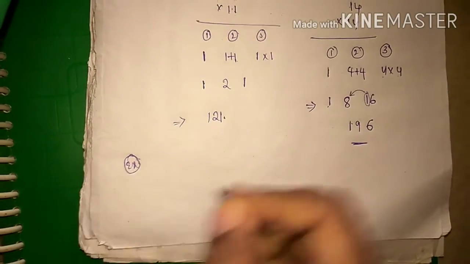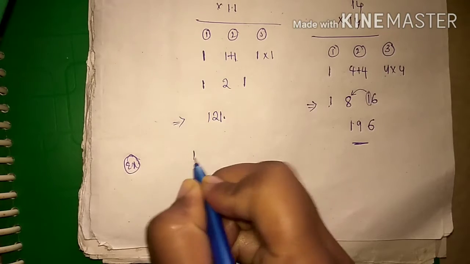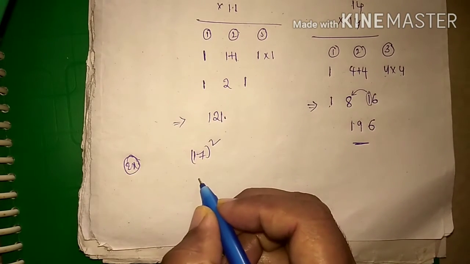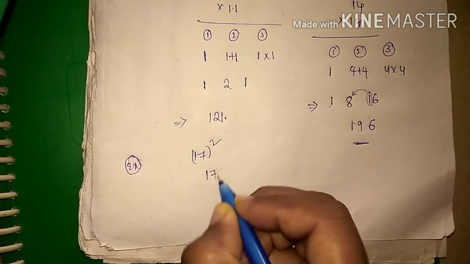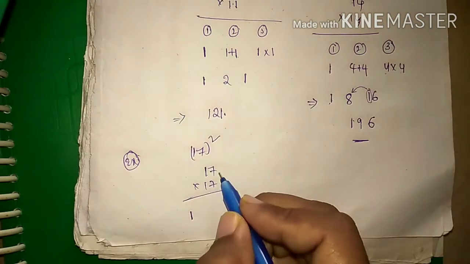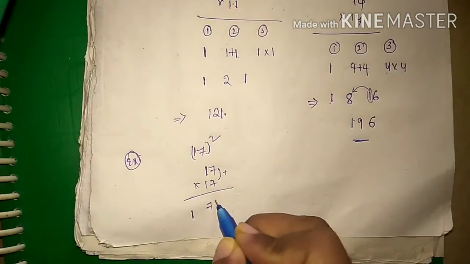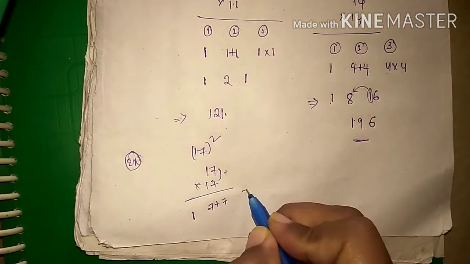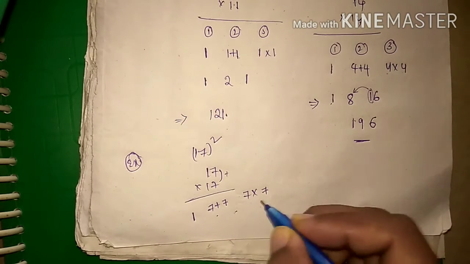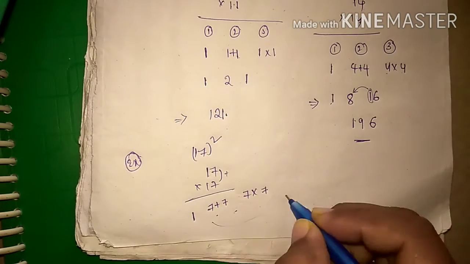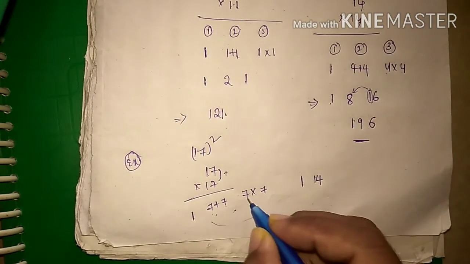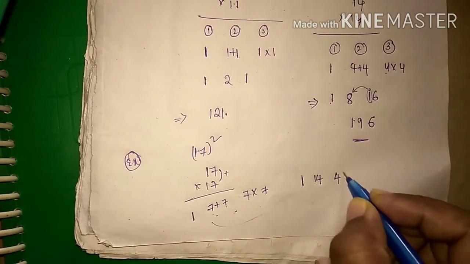Okay guys, let me take another example. Let it be 17 whole square. Right? Here the first step is we have to write 1, and the second step we have to add 7 plus 7. In the third step, 7 into 7, right? Here 1, 7 plus 7 is 14, 7 into 7, 7 sevens are 49.